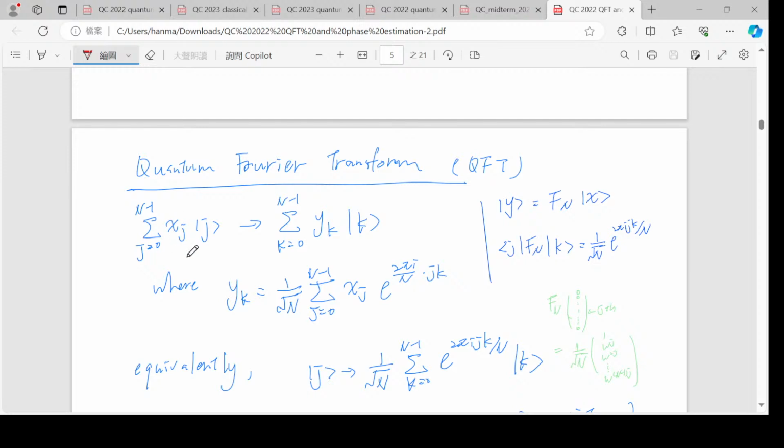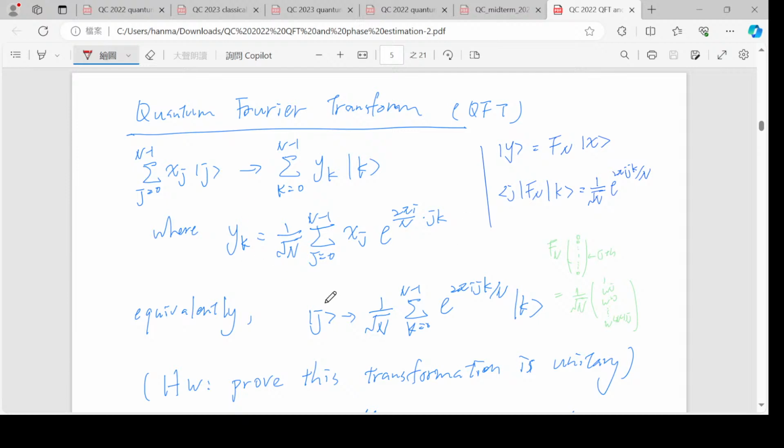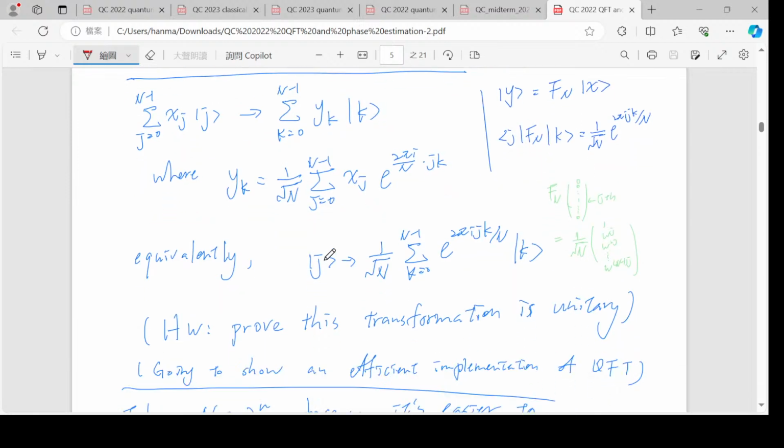We transform a vector with standard basis coefficients a_j, j from 0 to n minus 1, to another vector with amplitudes in the standard basis y_k, k from 0 to n minus 1. And just as before, y_k equals 1 over square root of n, the sum over j of x_j e^(2 pi i jk / n). So this is writing the equation component-wise, and this is pretty useful.